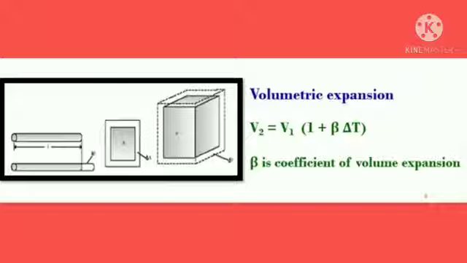This is given by the formula V2 is equal to V1 into (1 plus beta delta T). Here delta T is the change in temperature and V1 and V2 are the initial and final volumes of the solid, and beta is the volumetric expansion coefficient of the solid.